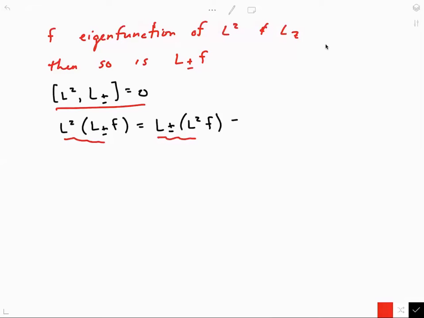If that's the case, we can substitute in. On one hand, if f is an eigenfunction of our angular momentum squared, we should get an eigenvalue times the eigenfunction.